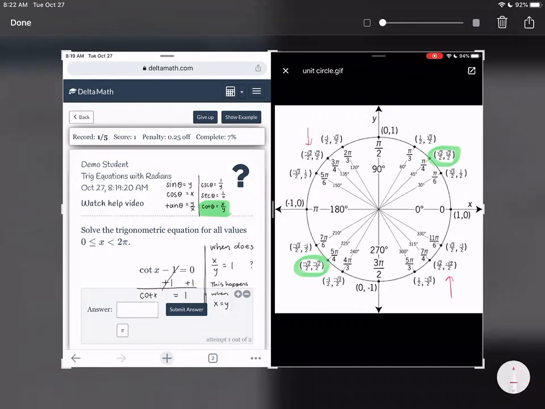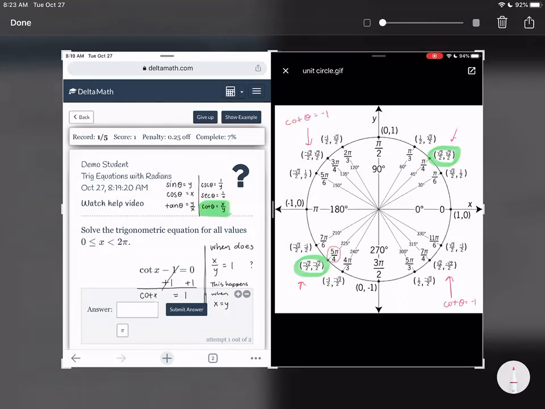Because they're radical 2 over 2 and negative radical 2 over 2. Well, no. If this was cotangent, you are dividing them, these would have a cotangent of -1. So these would not be part of your answers. Just in case any of you were wondering, would those be qualified as well? No, because those would have cotangent being -1. So only these, circled in green, would have cotangent equal to +1.